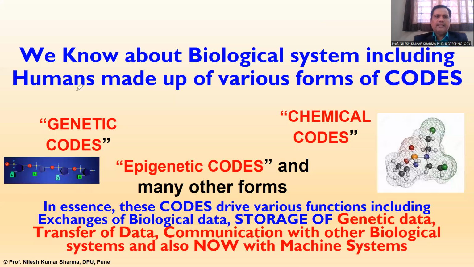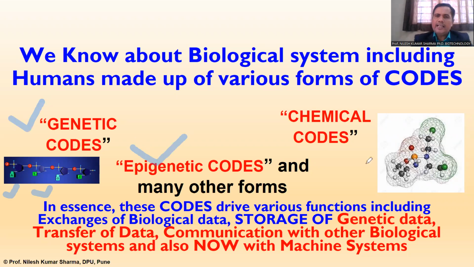Sometimes we refer to it as being made up of genetic code, like ATGC, right? We can also refer to it sometimes nowadays as epigenetic codes like chromatin, histone protein, and many more. So a whole chemistry is there.